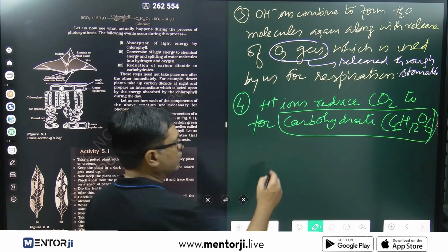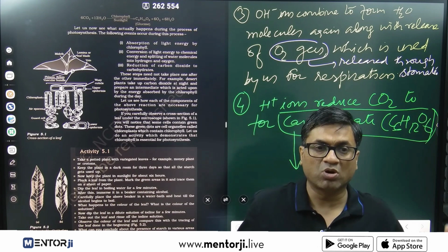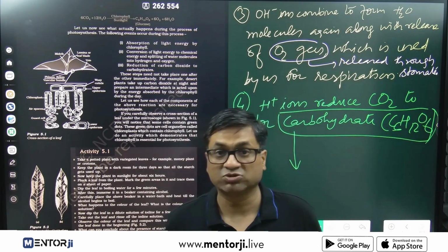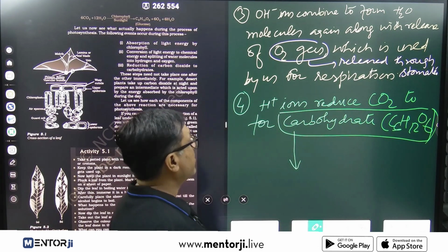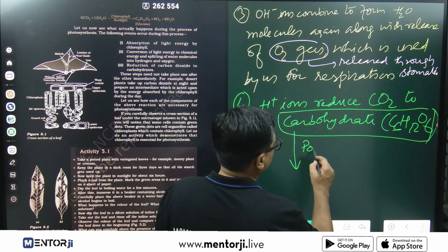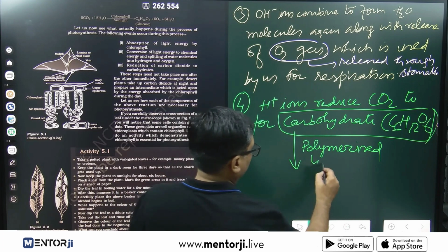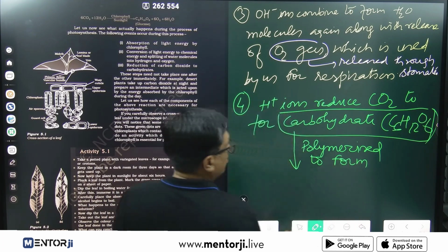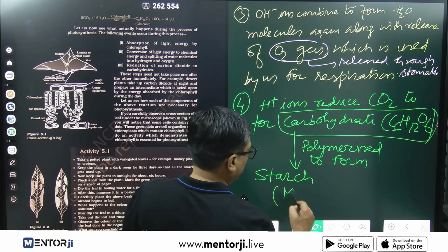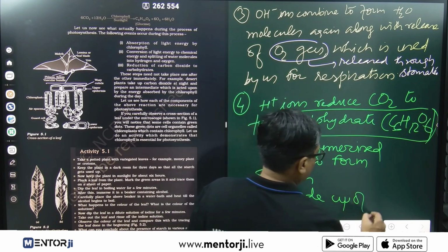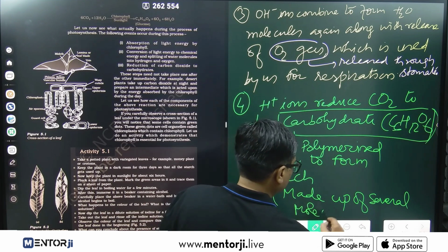As this glucose is formed, if we try to store these glucose molecules in plants, that will take a lot of space. So that's why this is polymerized to form a large molecule of starch, made up of several molecules of glucose.